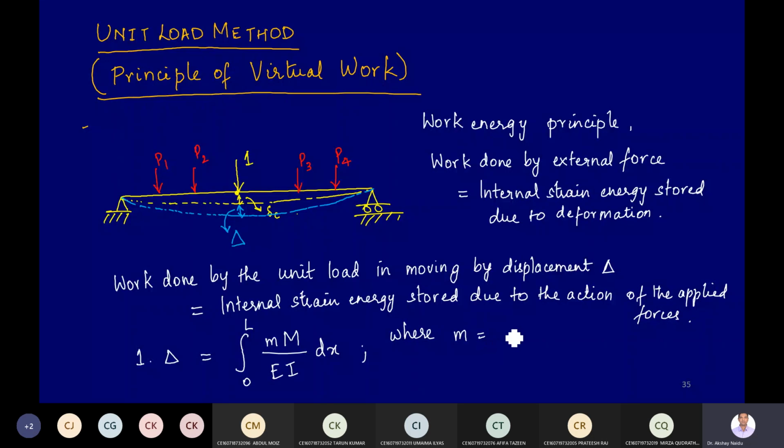small m is the bending moment at a section X due to the unit load or virtual load.